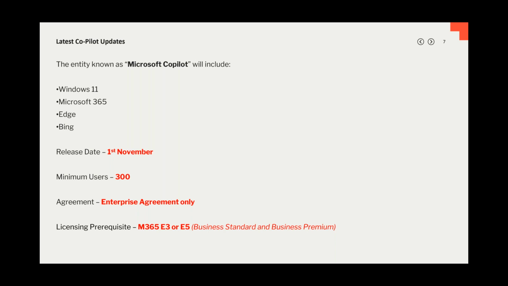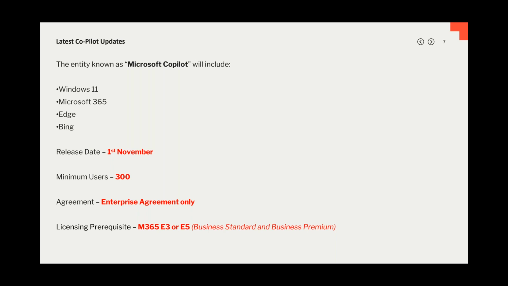Again, I am going to assume that you know what Copilot is, that you're already aware of the $30 per user per month cost. We know that it's going to be released on the 1st of November, but there have been some things that we weren't necessarily aware of, and I have been surprised to see a minimum user count of 300.